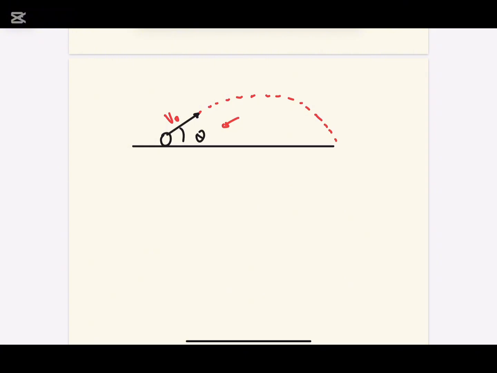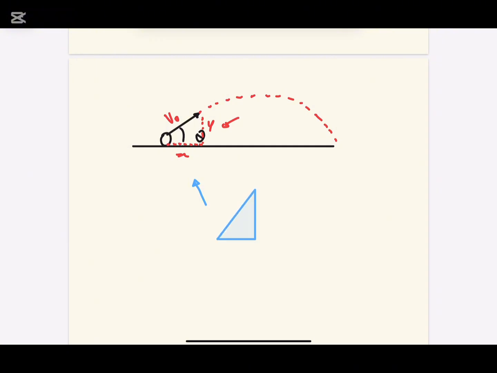And because it's not possible for us to handle the diagonals directly, we have to separate it into two components: a horizontal component and a vertical component. And you can see that this kind of turns into a right triangle.